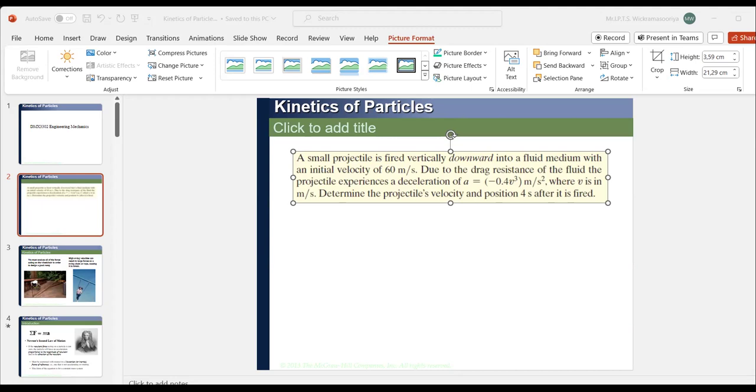And it says that due to the drag resistance coming from the fluid, this particle is going to experience a deceleration of minus 0.4 v cubed, where v is the velocity. And you need to find the particle's velocity and position after 4 seconds.